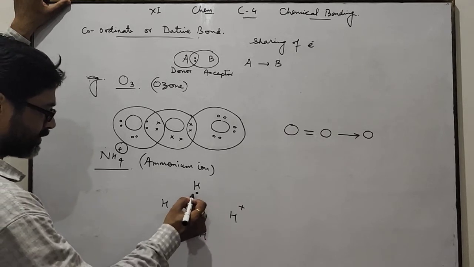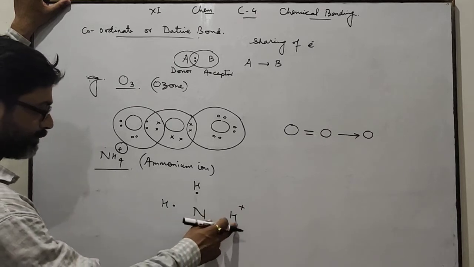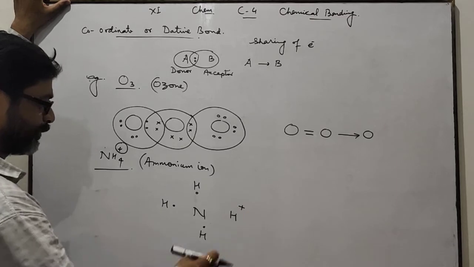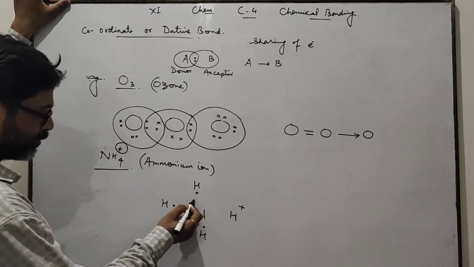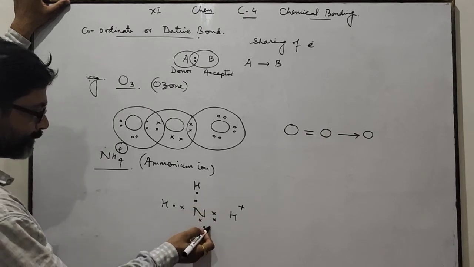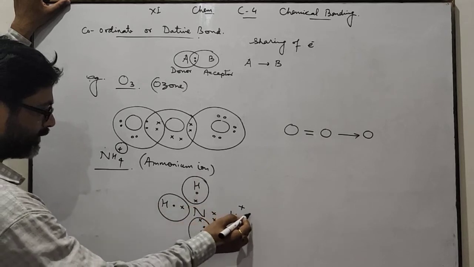This hydrogen contains 1 electron each, but this hydrogen does not contain any electron because it carries a positive charge. Nitrogen contains 5 electrons in the valence shell. Each hydrogen shares its electron and completes 2 electrons.